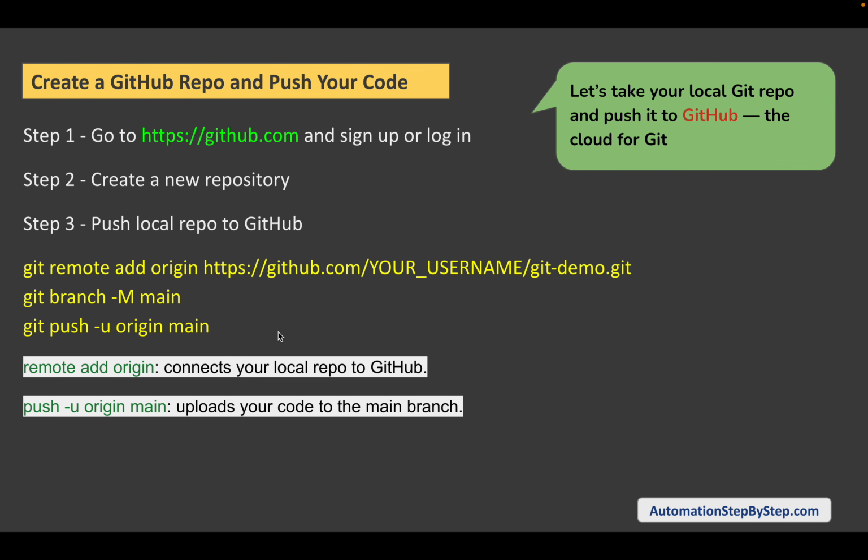So we have done this. When we say remote add origin, it connects our local repository to our GitHub, and then we push by using push -u origin main. It will upload our code to the main branch on GitHub. So our code is now there on our GitHub repository.